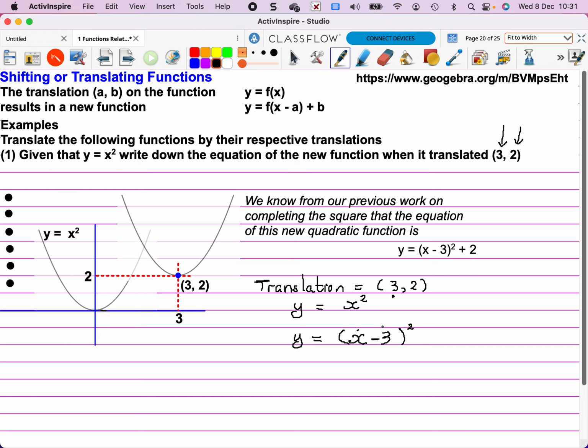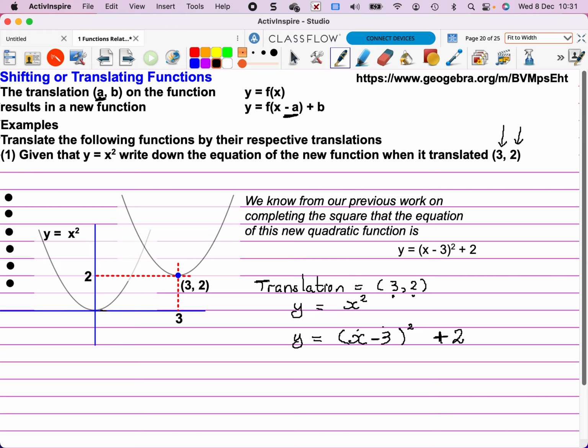And that's what this formula here says. Here's the translation a, and when we slide it into the bracket, it becomes minus a. But the y direction translation, +2, we put it on the outside of the bracket, and it keeps its original sign of +2. And that's all you have to do.